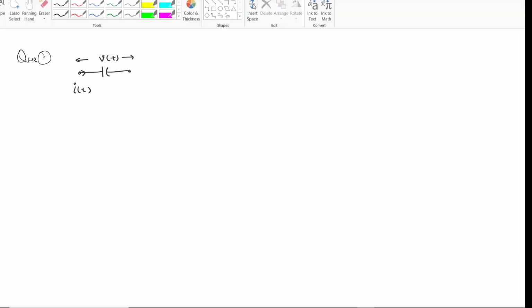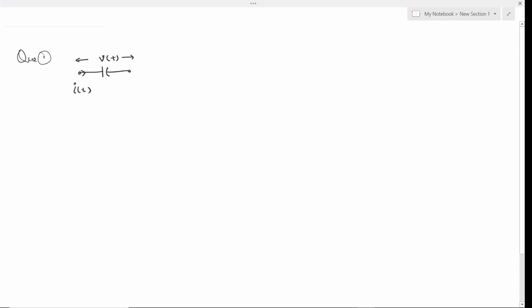This is the capacitor C, and the current flowing through capacitor C is i(t), and the voltage across the capacitor is small v(t). The capacitor was previously charged with a voltage of 1 volt. Let us consider this one as the higher potential level and this one as the lower potential level.